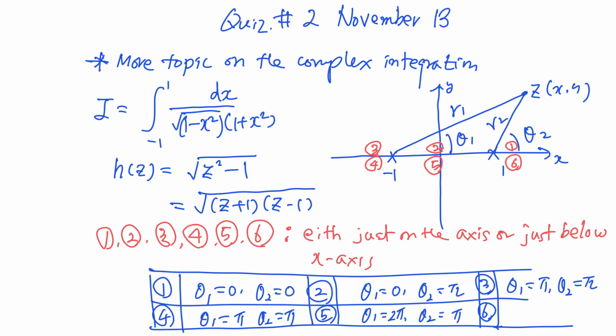How about point 6? Both angles are 2 pi, right? θ1 is 2 pi. θ2 is 2 pi. So for this, you have to cross this x-axis again, so 2 pi. From this θ1 point of view, you have to cross here. Complete circle, 2 pi.